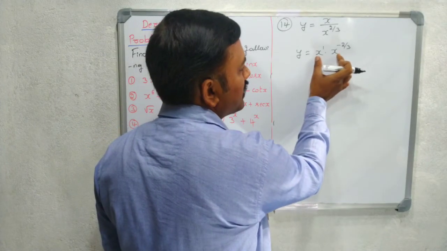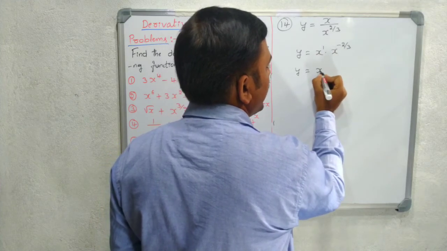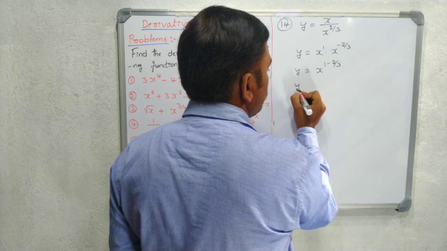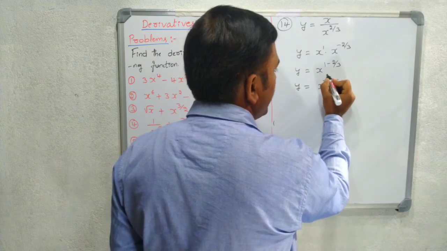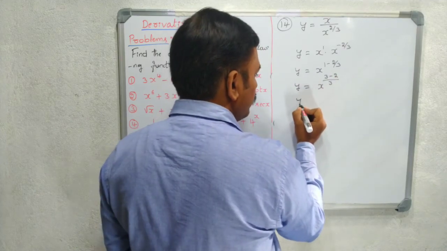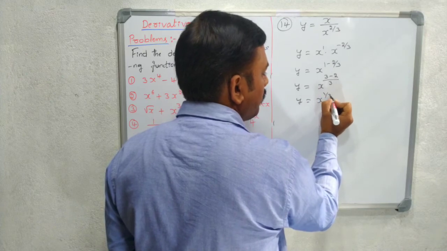Here the base are same, so add the powers, that gives x to the power of 1 minus 2 by 3. So simplify this, x to the power of, take LCM, 3 is the LCM, 3 minus 2. So y is equal to x to the power of 3 minus 2 is 1 by 3.